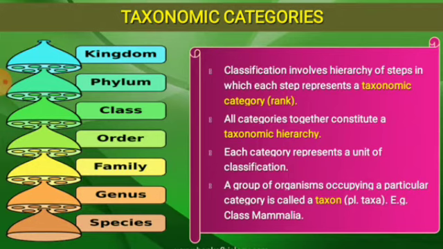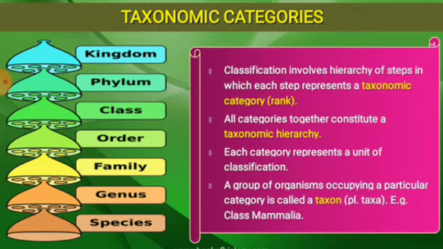For our convenience, we can arrange the taxonomic ranks or categories in either ascending or descending order. When we arrange the organisms in ascending order, the first place is occupied by species, which is considered the lowest category of the hierarchy. One by one, we will move towards the highest level, that is the kingdom.